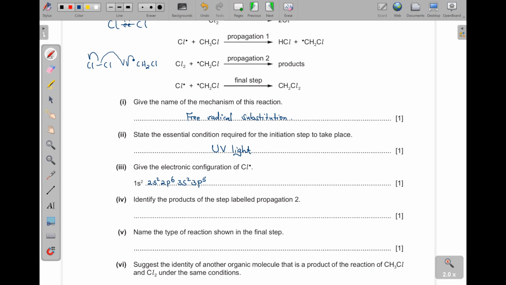Then that means we are going to have a radical come off from here, which is Cl with that dot, plus CH2Cl2, two chlorines, because already we have one here, plus one that is coming from here. So that means we are going to have CH2Cl2, and then this radical, okay?